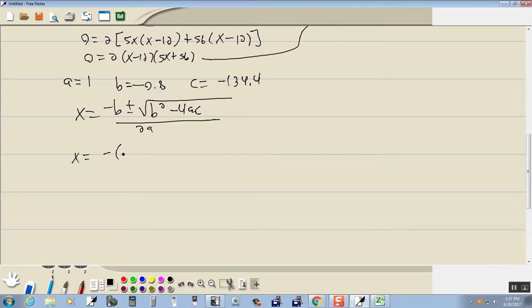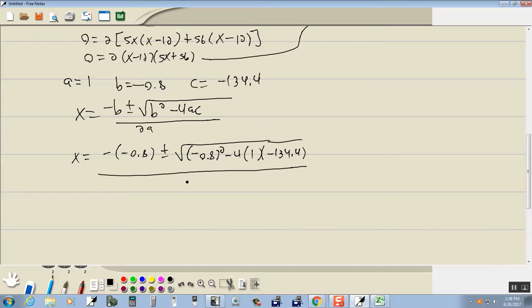So it'd have negative negative 0.8, which gives us 0.8, plus or minus the square root of negative 0.8 squared minus 4 times a times c, all over 2a.